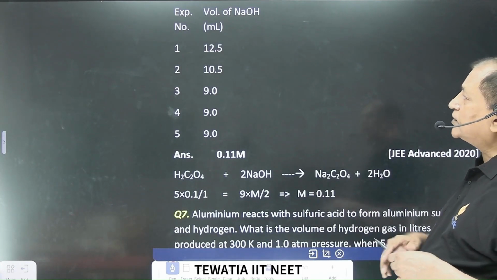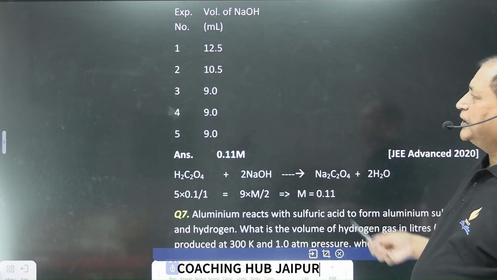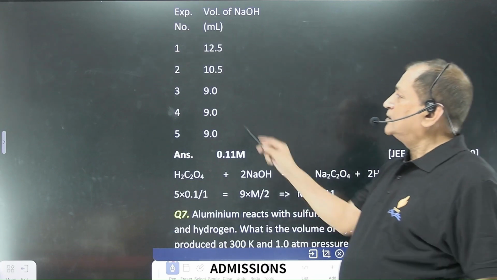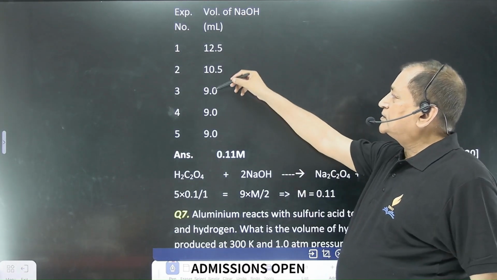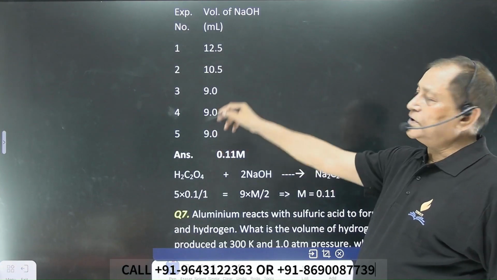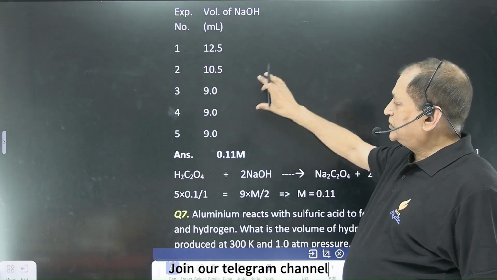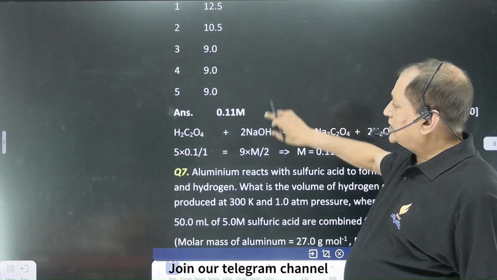Some students may argue they will take the average value. Well, but in my opinion, where in titration 3 consecutive values are coming same, we should take that value, 9.9. So we take the volume of this sodium hydroxide as 9.9.